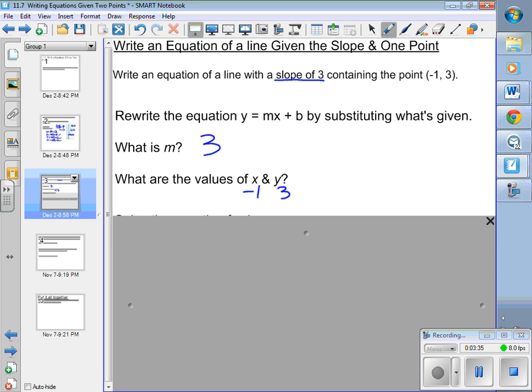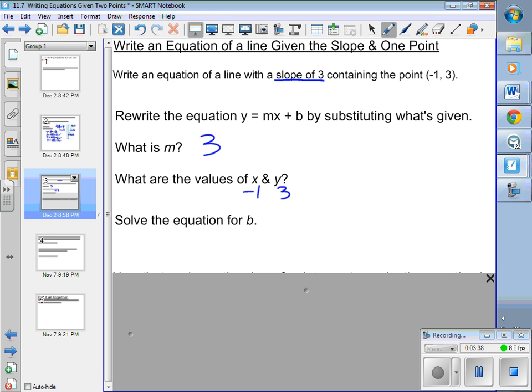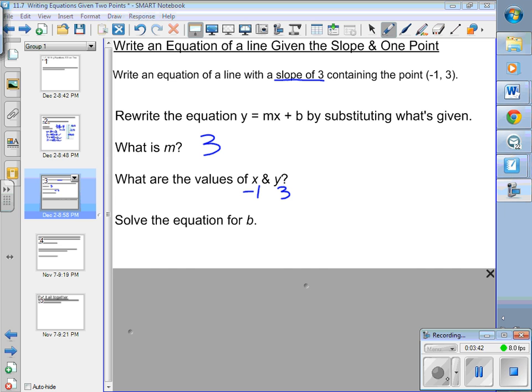Okay, so now we're going to solve for b. So we write out 3 in place of where y would go equals m is 3 times -1 where x would go plus b.